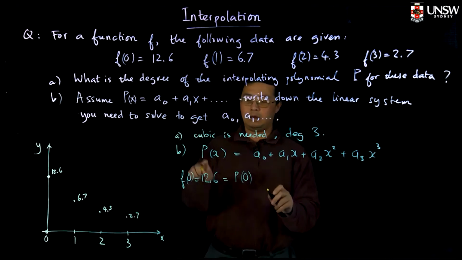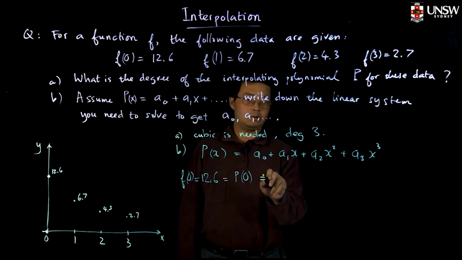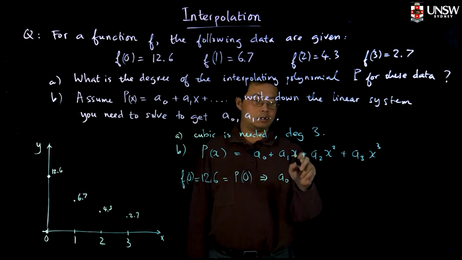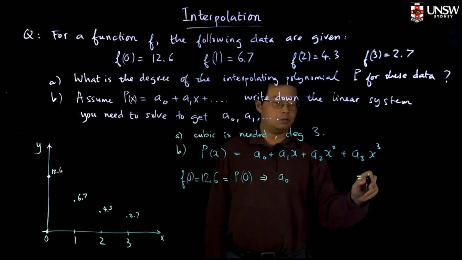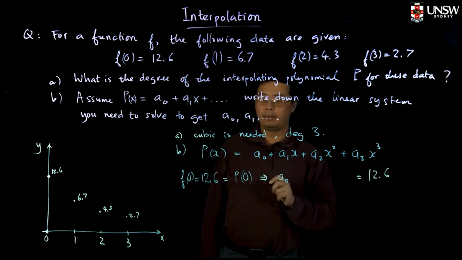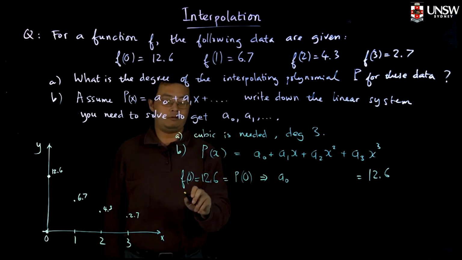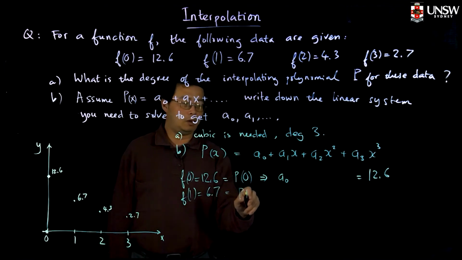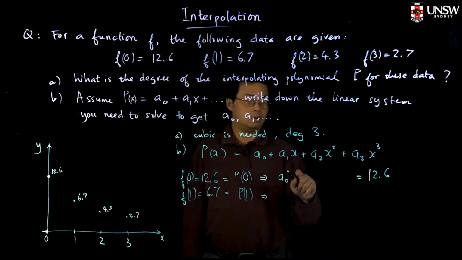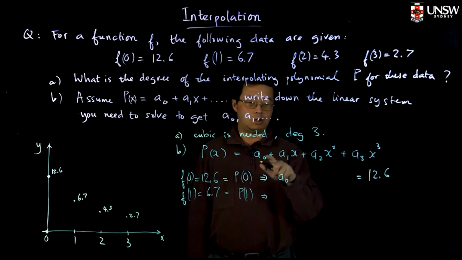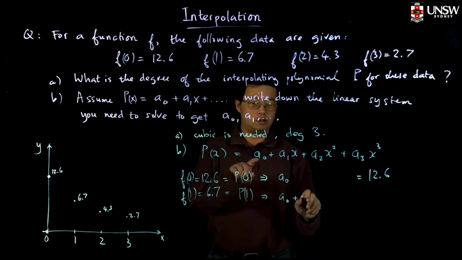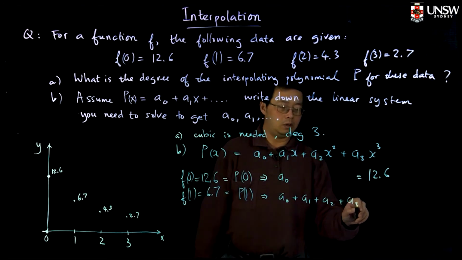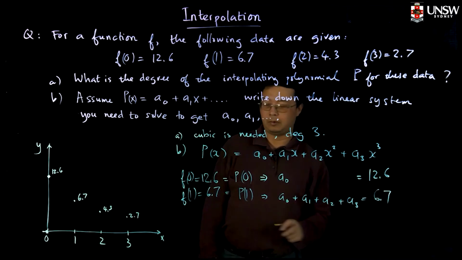If we put x equals 0, then you have a0 plus 0, 0, 0, which just equals 12.6. Similarly, f1 equals 6.7, and this equals p1. When you put 1, you have a0, then a1, then a2, and then a3. Then you have 6.7, okay?